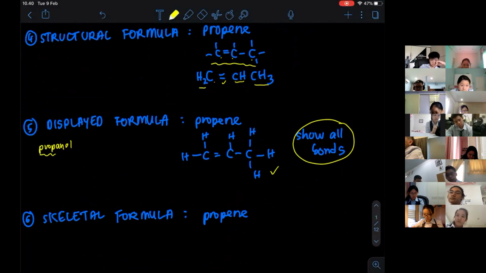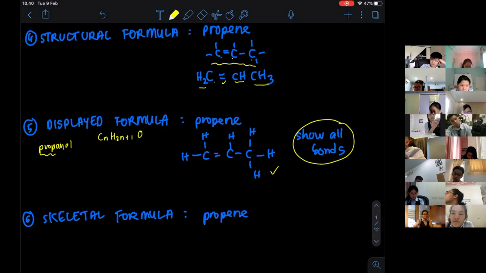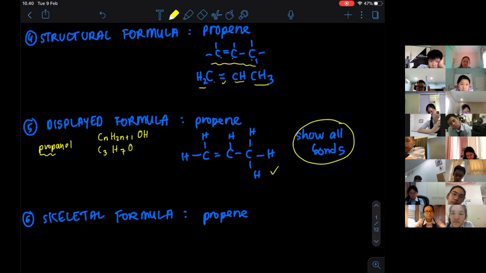If I use the general formula for alcohol, CnH2n plus 1 OH, which I taught you just now, then with C3, I have double, which is 6 plus 1, 7, OH. This is the molecular formula of propanol.